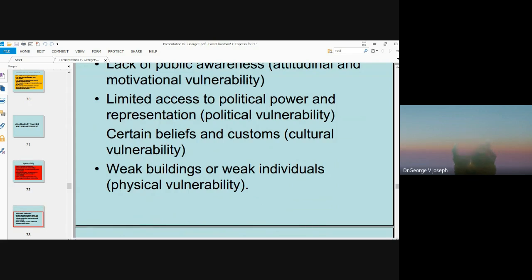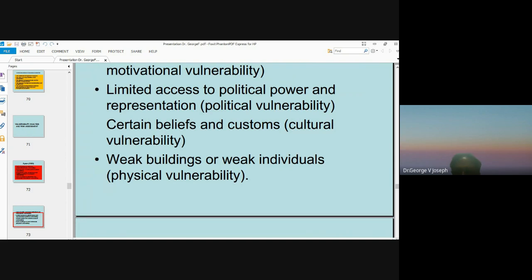Weak buildings or weak individuals: physical vulnerability. I mean, people who are not strong health-wise may be very susceptible to various diseases. So this is also another vulnerability. We have to look at vulnerability in a multi-dimensional, multi-sectoral way. There are various ways of looking at that.